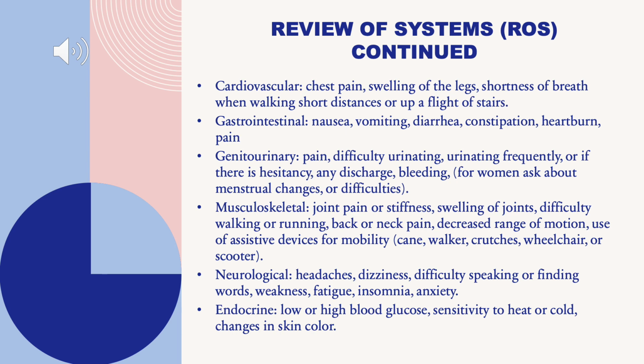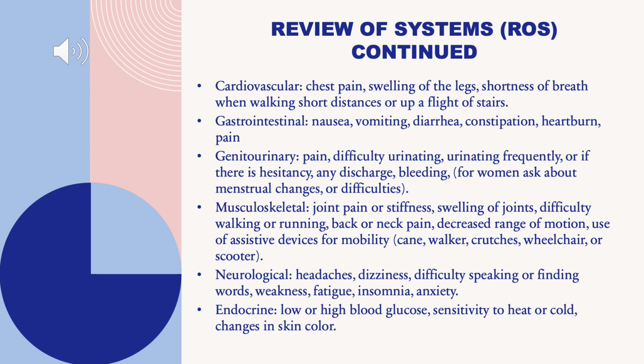Genitourinary system: whether they've had any pain, difficulty urinating, urinating quite frequently, or if there is any hesitancy, discharge, bleeding. More for women, you would ask them about their menstrual changes or any difficulties.